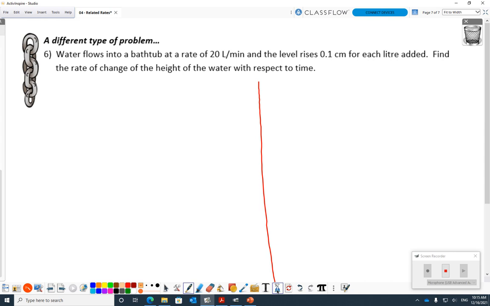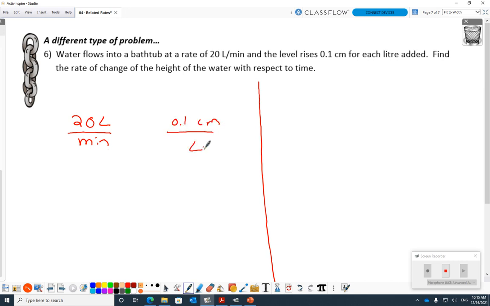What I'm going to do instead is do this question a completely different way, not how we'd want to do it in calculus, just so you can see what's going on. We know that the volume is increasing by 20 liters per minute. I'm just going to write that down. And beside that, 0.1 centimeters per liter.